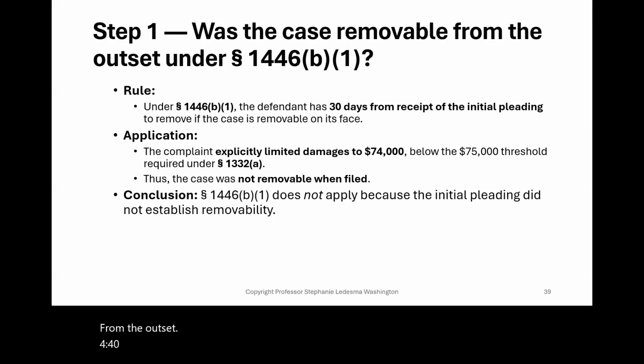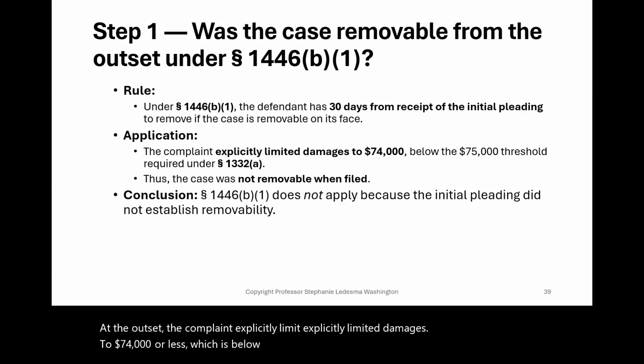1446(b)(1) says you got 30 days from the receipt of the initial pleading if it was removable from the outset. Well, here, if I apply that rule at the outset, the complaint explicitly limited damages to $74,000 or less, which is below the excess of $75,000 threshold.